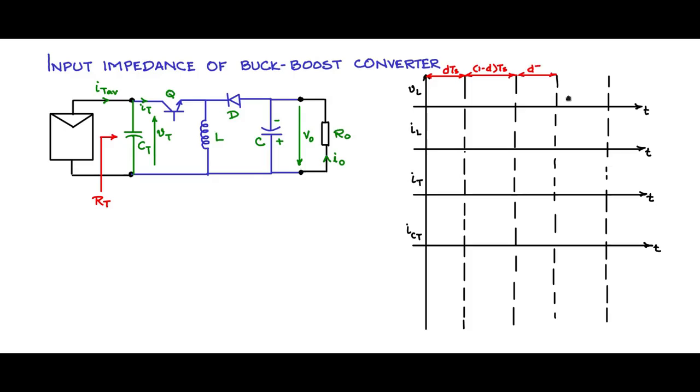Second switching period, DTS and 1 minus DTS. So during DTS, we are keeping the BJT Q on. During 1 minus DTS, Q is off, and so on.